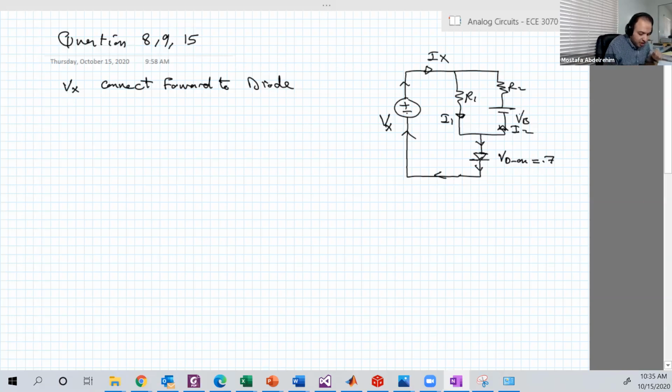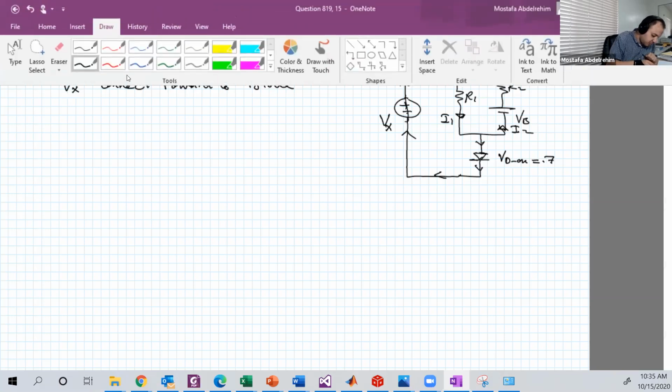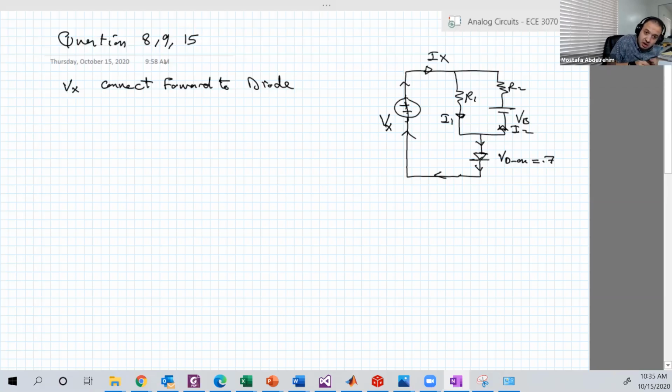The other one, VB, is connected reverse. Let's see that. The negative is close to B, the positive is close to N. In another word, if we just assume that there is no source here, this is the current that goes out of the battery VB.